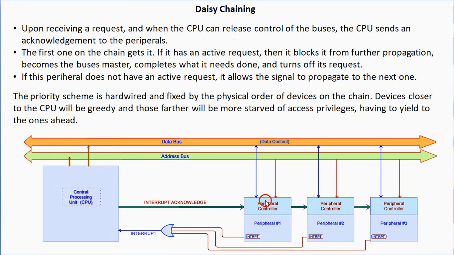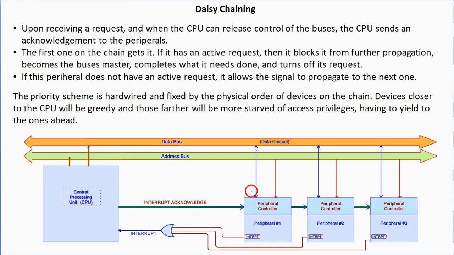Typically, daisy chains work as follows. Upon receiving a request, shown over here in this example as an interrupt, that is produced once one or more peripherals request service, the CPU sends an acknowledgement to the peripherals. The first one on the chain gets that signal.